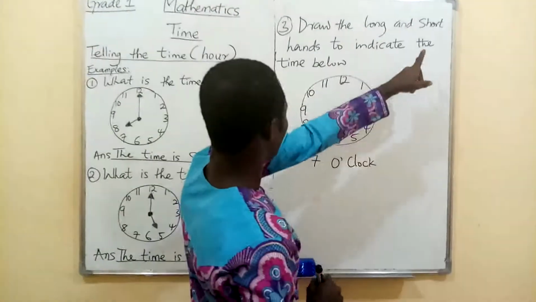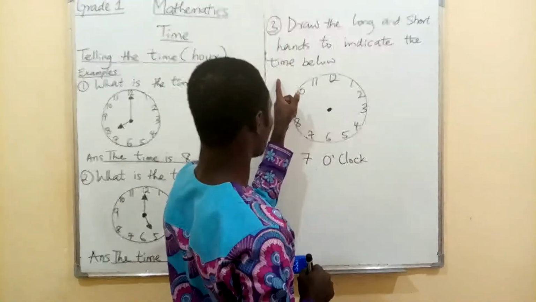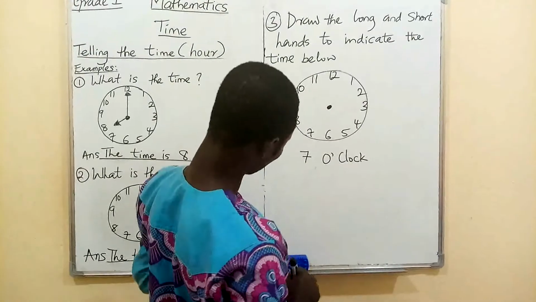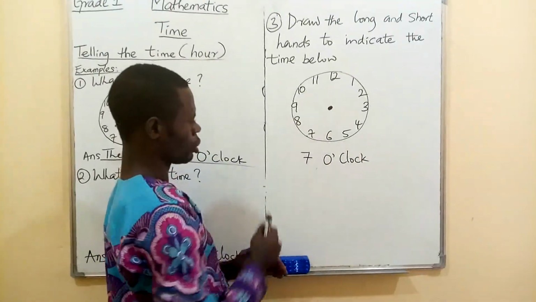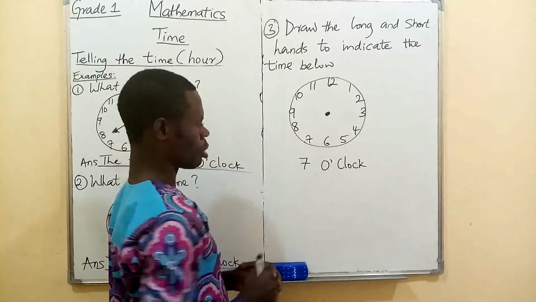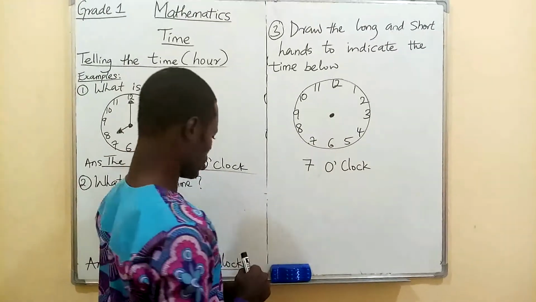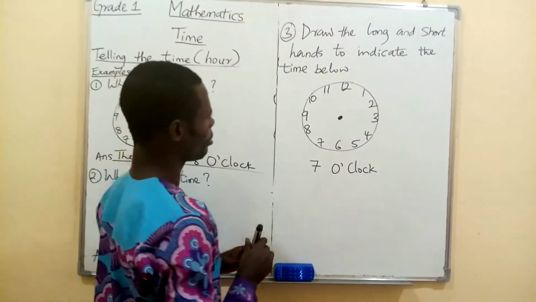Draw the long and short hands to indicate the time below. Alright, we have to draw the long hand and the short hand to indicate this time, 7 o'clock. Right? We are going to draw it now.